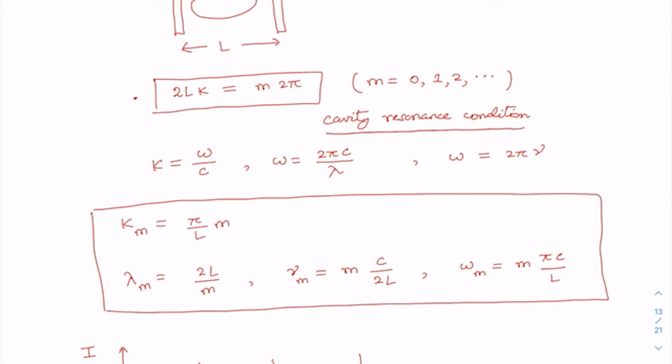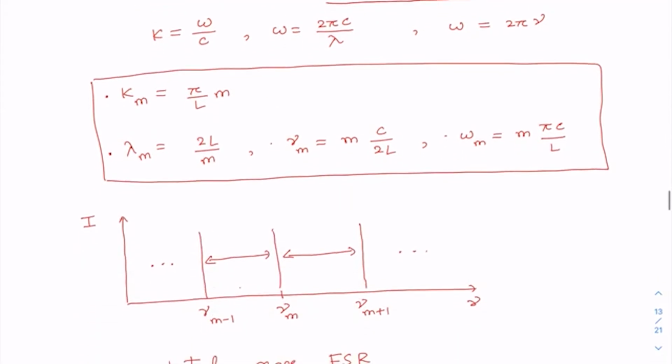Light which has a wave vector, wavelength, frequency or angular frequency satisfying this condition will be able to enter into the cavity and will have various peaks. These peaks are separated in frequency, and this separation is known as the free spectral range.